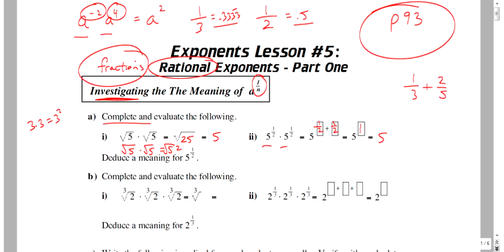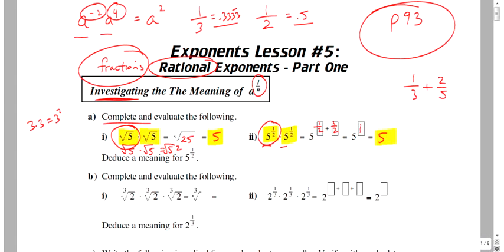Yes. Okay. If root 5 times root 5 gives me 5, but also 5 to the 1/2 power times 5 to the 1/2 power also gives me 5, let's go way out on a tree limb here. Let's come to a conclusion. What can I say about this and this?